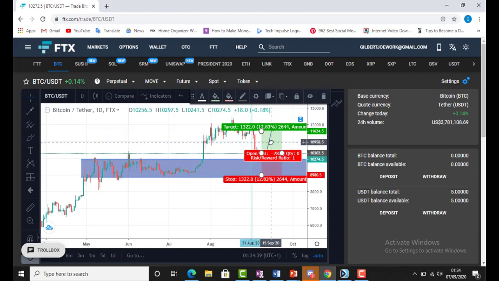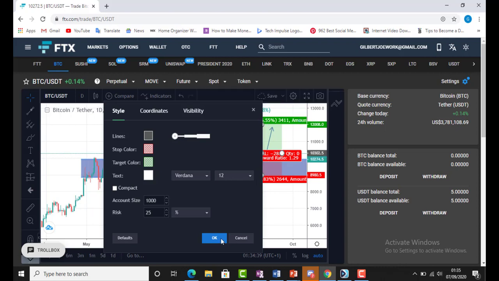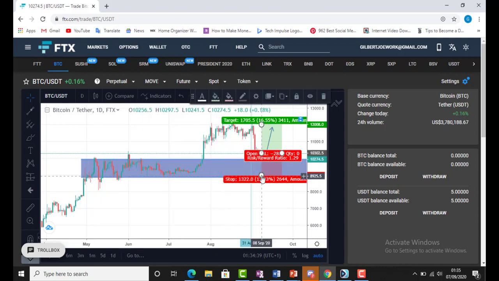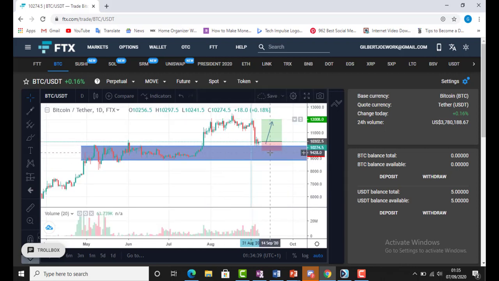and then we'll draw. So I want to draw our potential profits to get to our target. So our stop, you can adjust.